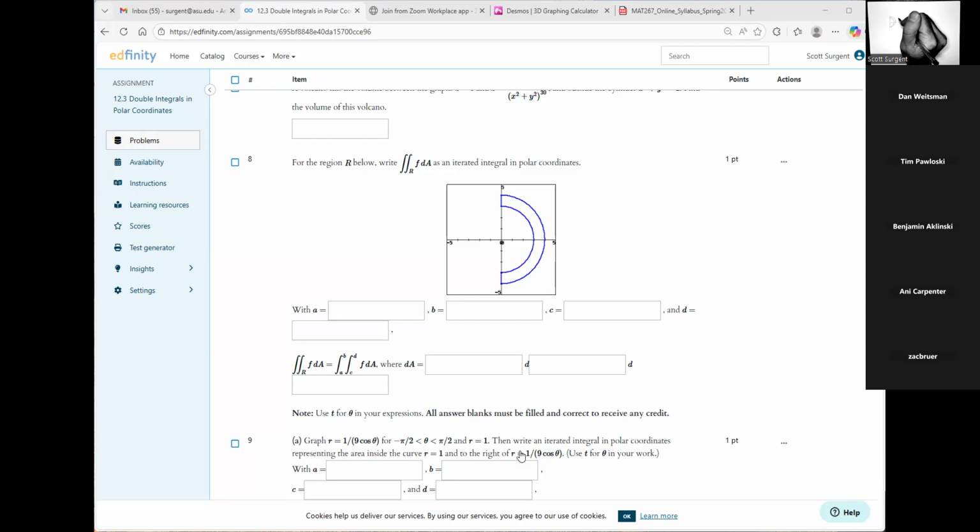And you need to set up an integral in polar. My picture's not as pretty as theirs.